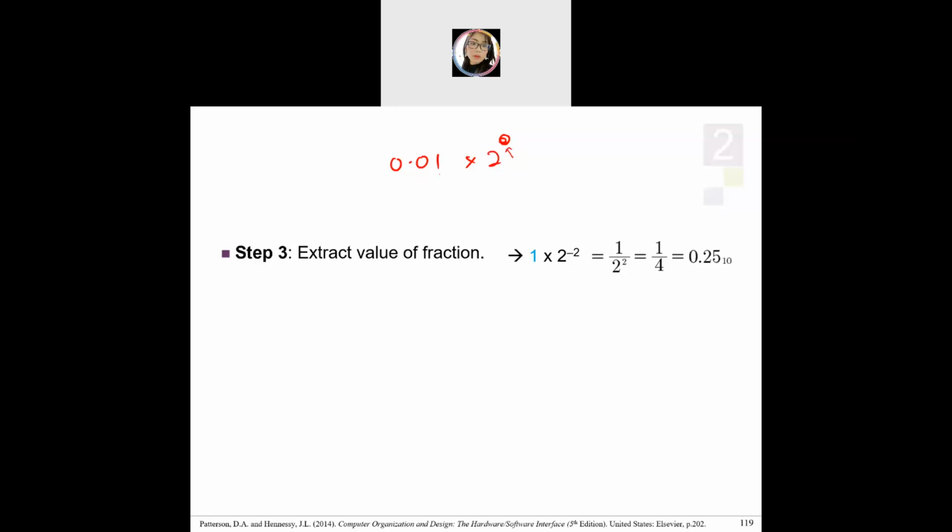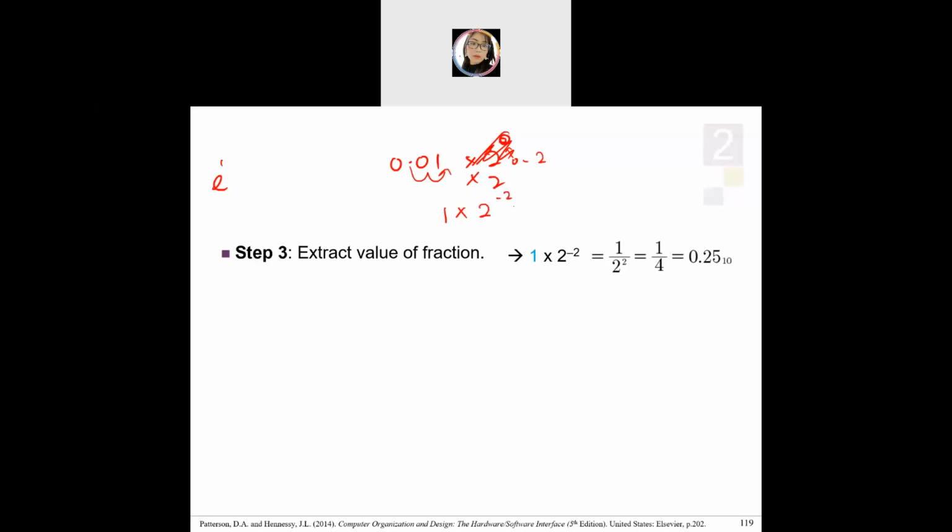We normalize it into 1.0 times to the power of negative 2. Before it's normalized it is unnormalized. Now we move 1, 2 to the right, so it will be negative 2 because we go to the right. That's why we have 1 times to the power of minus 2. Okay, thank you for correcting me.